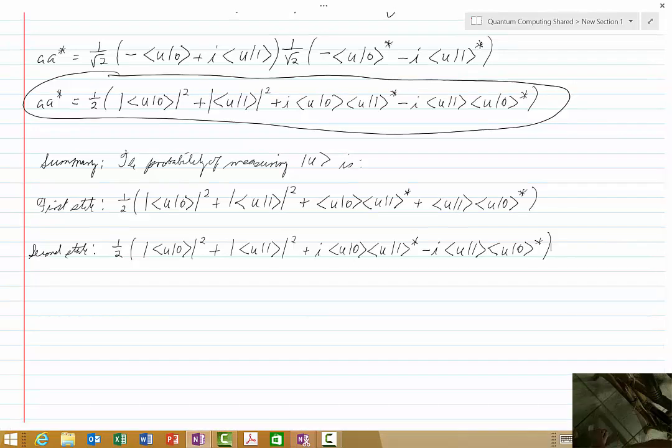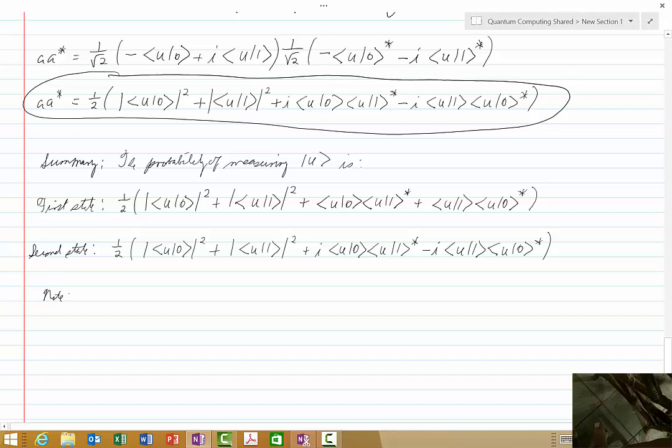First of all, remember that both of these expressions arose as a result of multiplying A times its complex conjugate. And of course, A had a different value for the first state from what it had for the second state, and so that's why we get these two different expressions here. But in each case, we took the A that was appropriate for that state and multiplied by its complex conjugate.